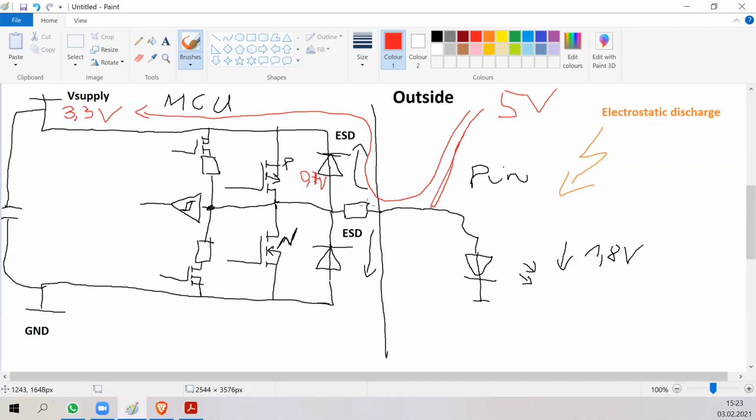There's also this 200 ohm resistance in the path. So oftentimes, if you accidentally connect a pin to a higher voltage, the microcontroller doesn't explode immediately because there is this protection. So the current initially flows through the ESD diode into the power supply.